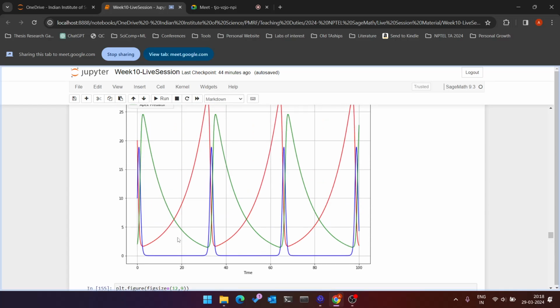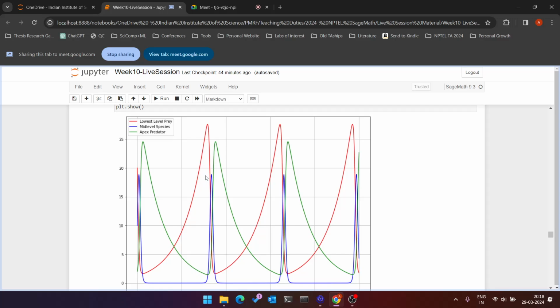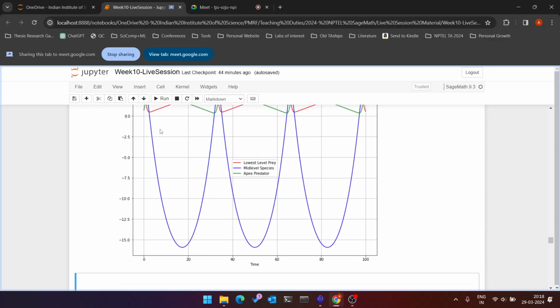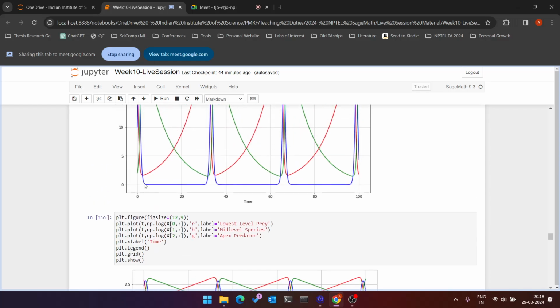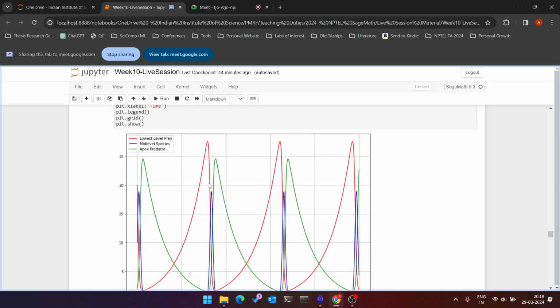That is also actually what allows the model to recover the mid-level species population. Otherwise, beyond this point, if we rather take integers for y of t, then we'll have a case where the mid-level species entirely vanishes.